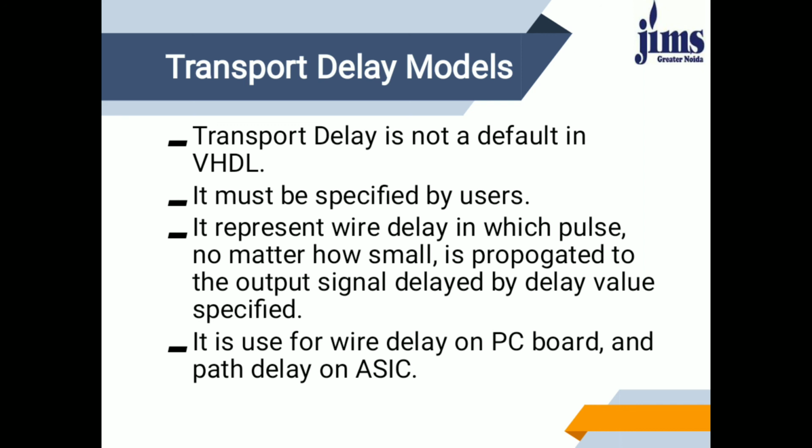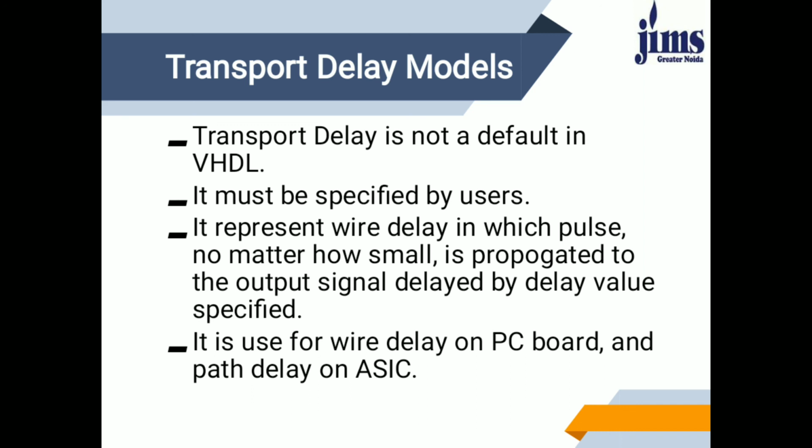Here you can see it represents wire delay, in which a pulse, no matter how small, is propagated to the output signal delayed by the delay value specified. It has to be specified by a user. It is not default in VHDL.